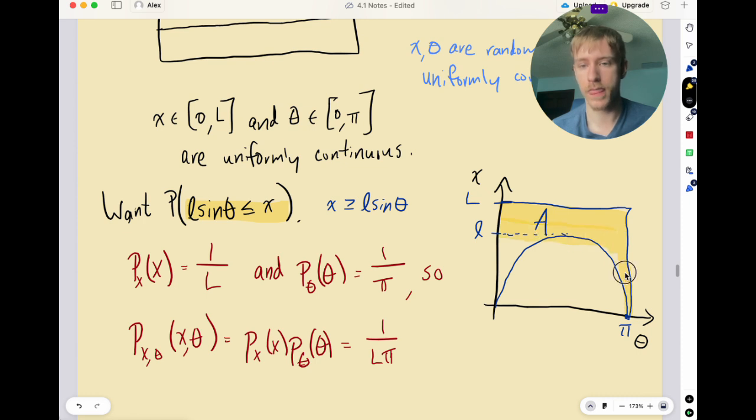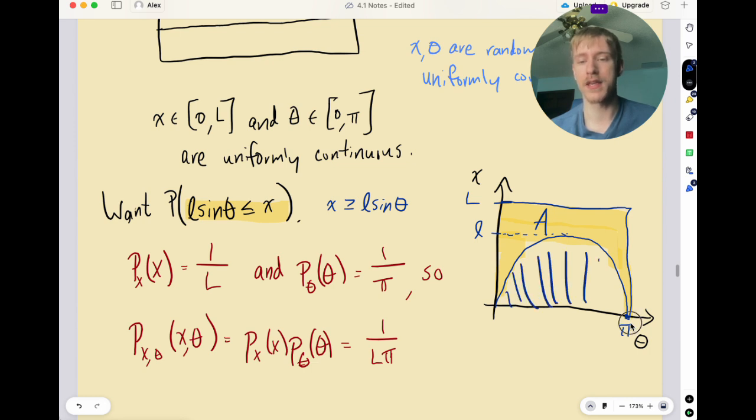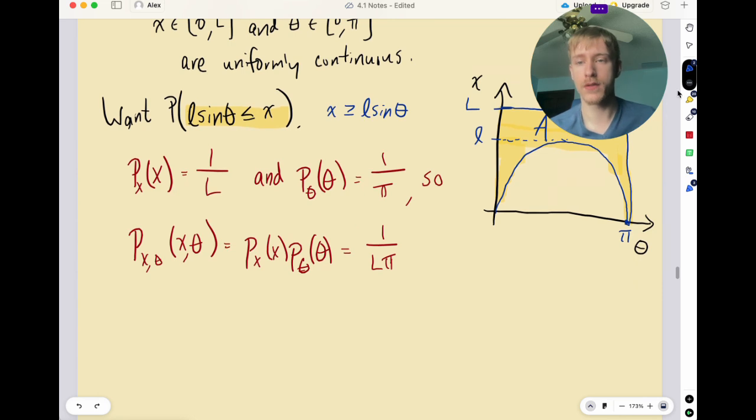All we have to do is find that area and then divide it by the area of the whole rectangle, and then we're done. That area is a little trickier than the previous problem, where we are actually going to have to integrate something. The thing we're going to integrate is the area under this curve, because if we can find that, then the area we want is just the area of the rectangle minus that region. So I've now defined the probability of L sine theta being less than or equal to x.